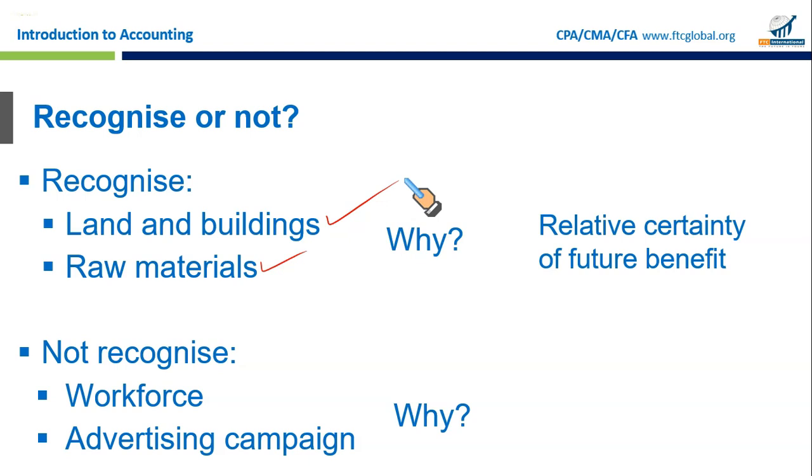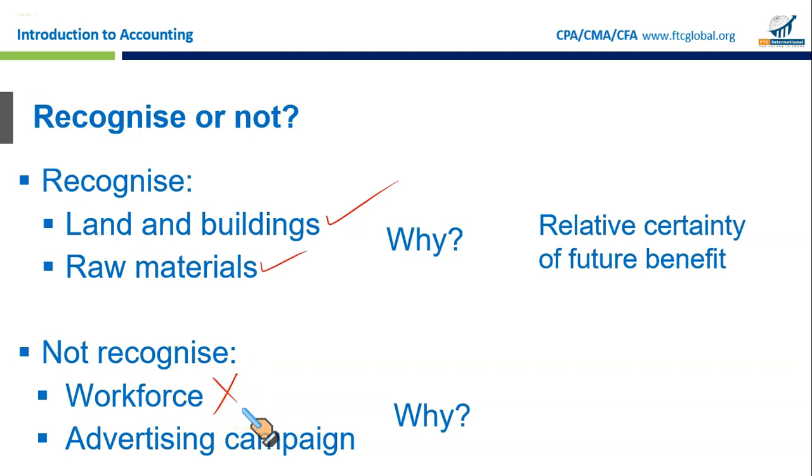Why? Because an entity does not control its workforce in the same way it controls physical assets. Employees can choose to leave, and their potential to generate future benefits can go somewhere else. And moreover, the potential future benefit they can generate cannot be independently verified or reliably measured in financial terms. So that's why we don't.